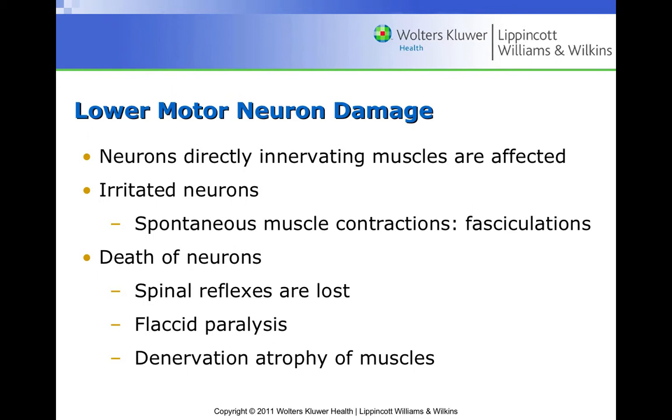Or this can occur because of death of neurons, such as having total loss of your spinal reflexes. And basically this results in a flaccid paralysis and a progressive atrophy of the muscles because the innervation isn't happening to keep your muscles toned.